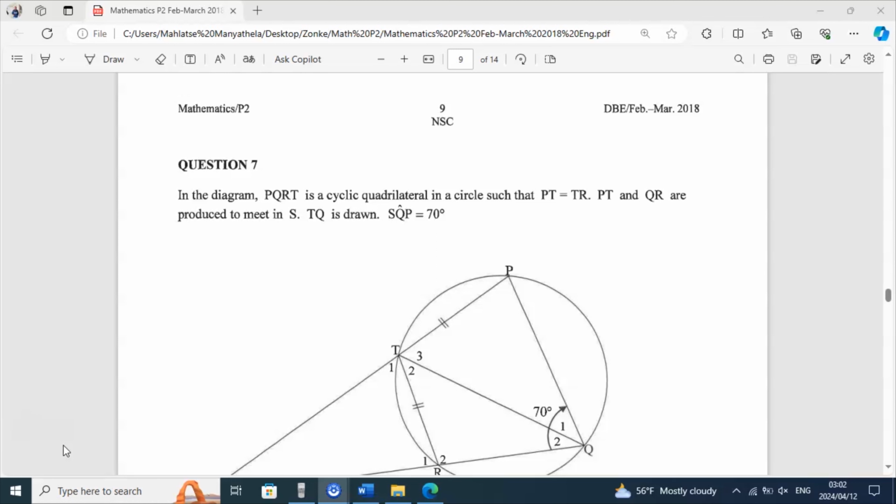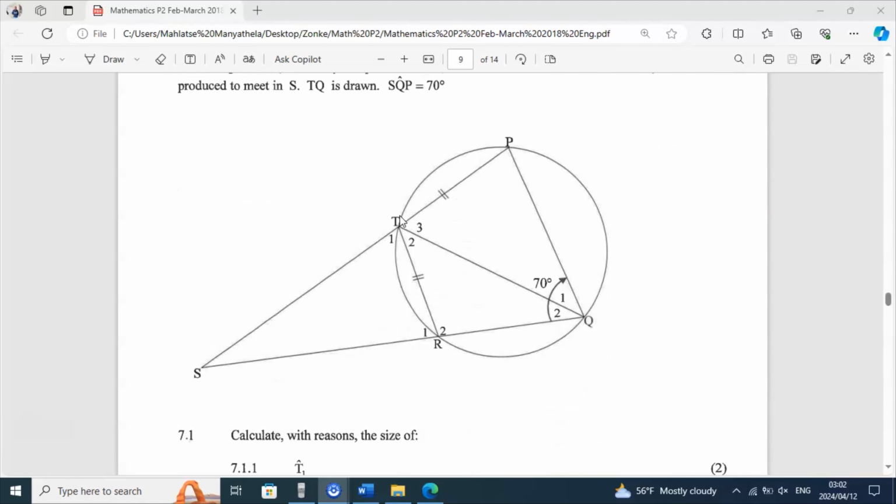In the diagram, PQRT is a cyclic quadrilateral in a circle such that PT is equal to TR, and PQ and TR are produced to meet in S. TQ is drawn, and angle SQP is equal to 70 degrees.